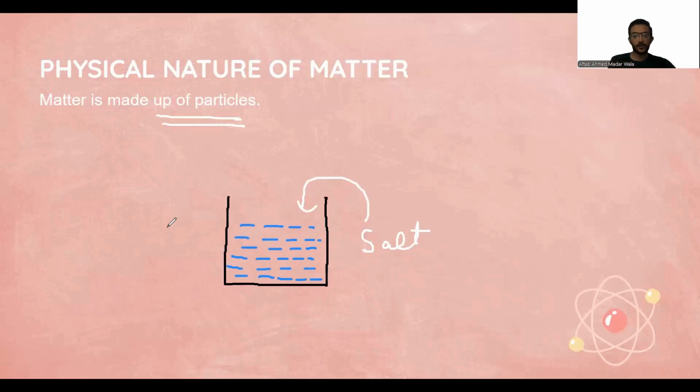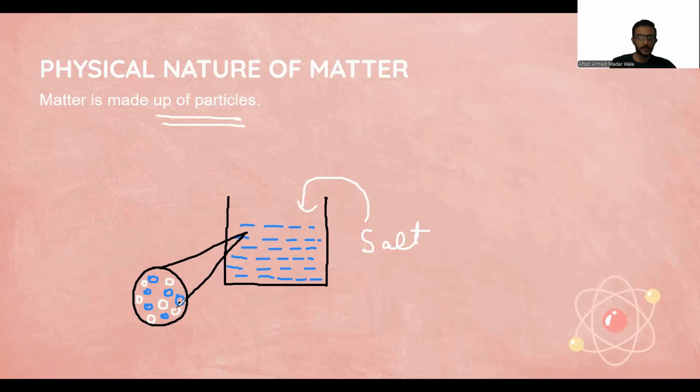When we gave it a stir, it dissolved and disappeared. So if I zoom into this particular image after adding salt to water, and draw the molecules of water with blue circles for easy visualization, I can see that some of the salt particles have occupied the spaces between the water molecules. So the particles of salt have occupied the space between the particles of water.